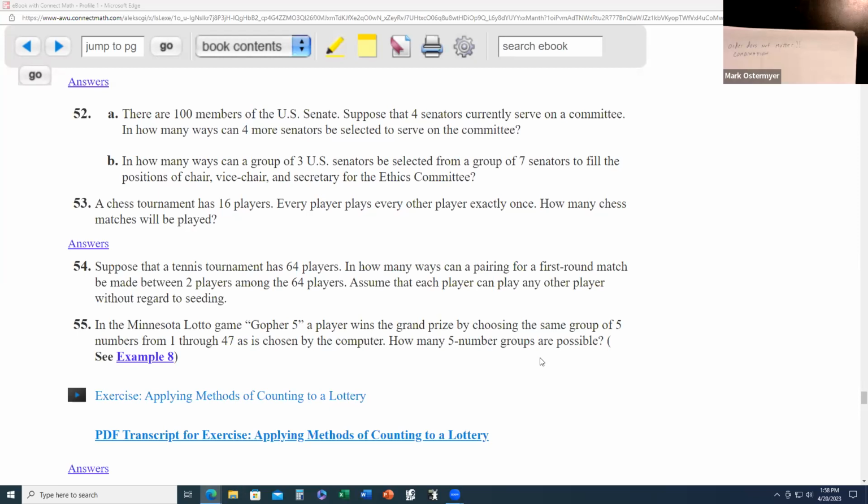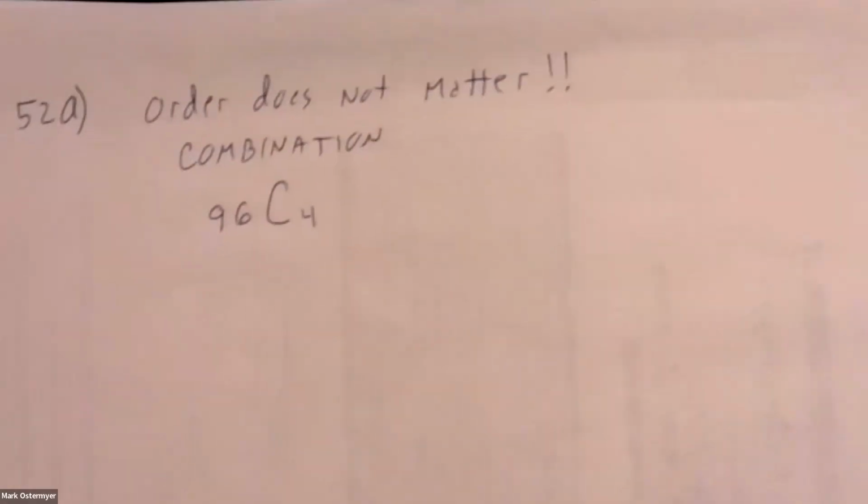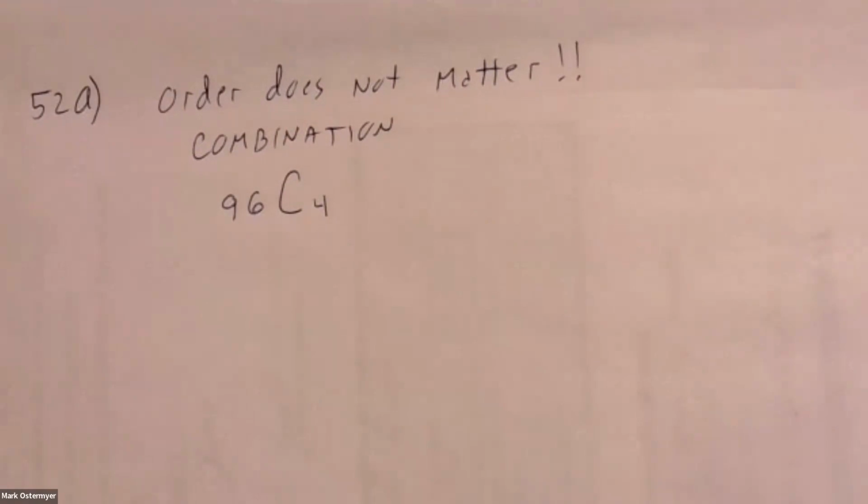So of the 96 senators remaining, I have to select 4 where order does not matter. And so therefore, for problem 52A, the number of ways of selecting the 4 remaining senators to serve on this committee of size 8 is 96 choose 4 or 96 in combination with 4.